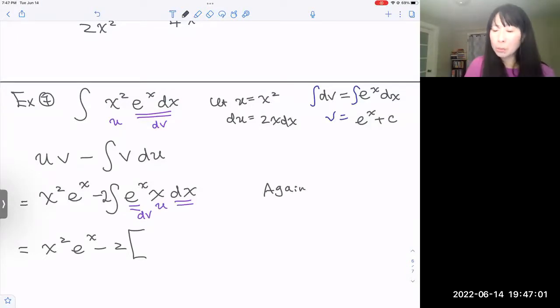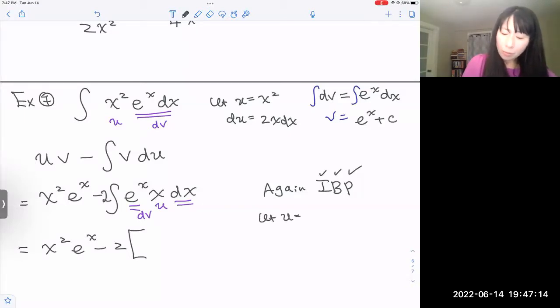By the way, integration by parts, we use IBP. So u equal to x, derivative of x, what do you have? 1 times dx, good. Now dv, which is e to the x dx.